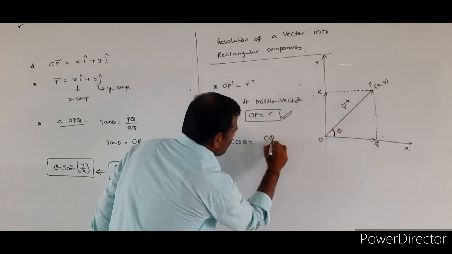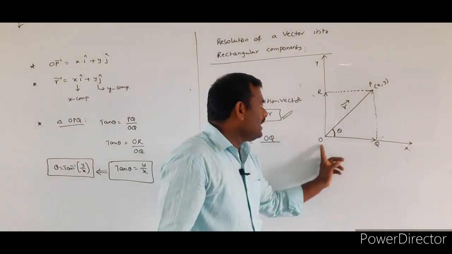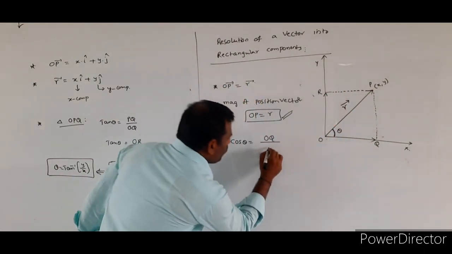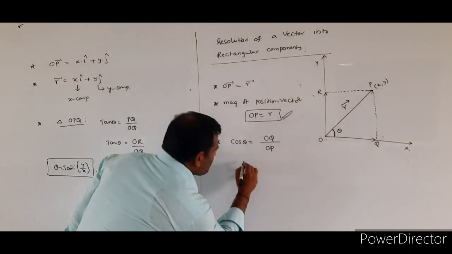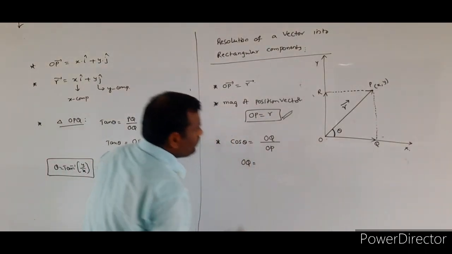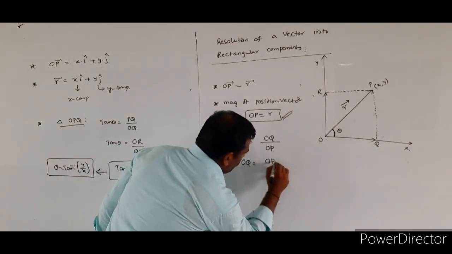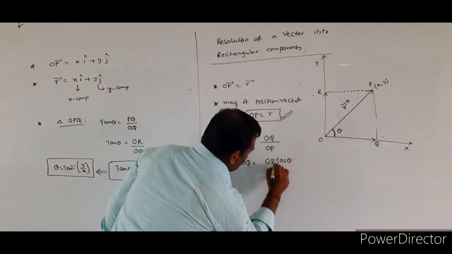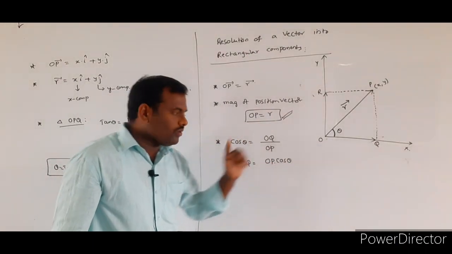The adjacent side is OQ and the hypotenuse is OP. From this, OQ is equal to OP into cos theta.